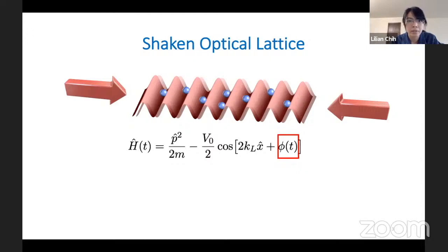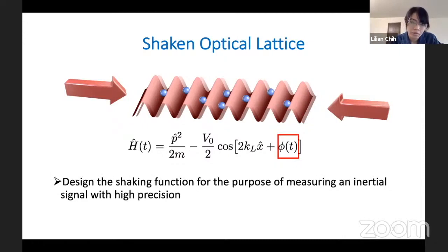And this gives us control over the wave function of the atoms. The goal of this project is to design the shaking function so that our device can measure inertial signals such as one-dimensional acceleration with high precision.